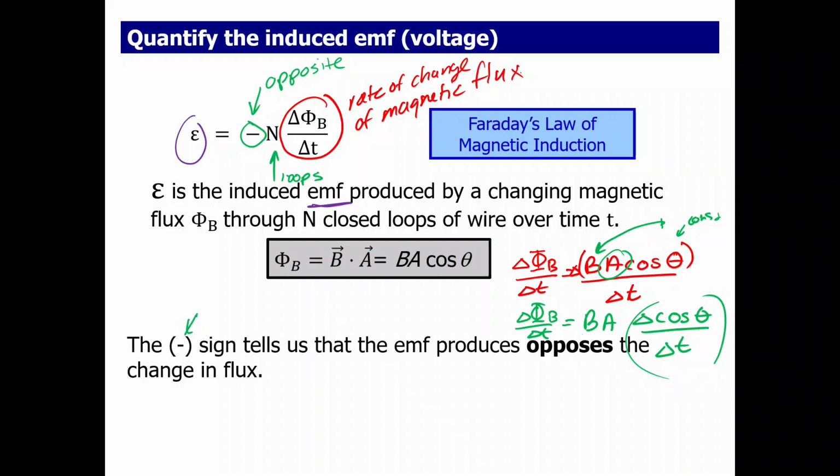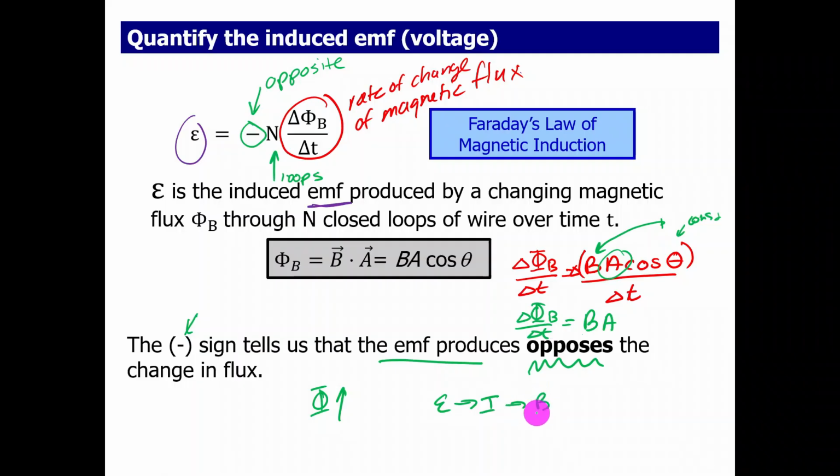Okay, and then the negative sign is specifically telling us that the EMF produced opposes the change in flux. So if my flux increases, then the EMF, which produces a current, has to try and undo that. Because my EMF creates a current, and we know that currents through wires create magnetic fields.